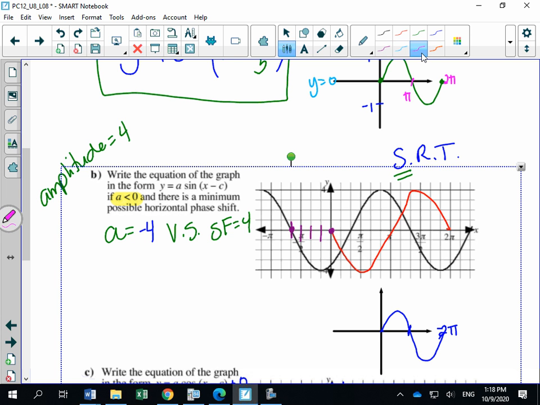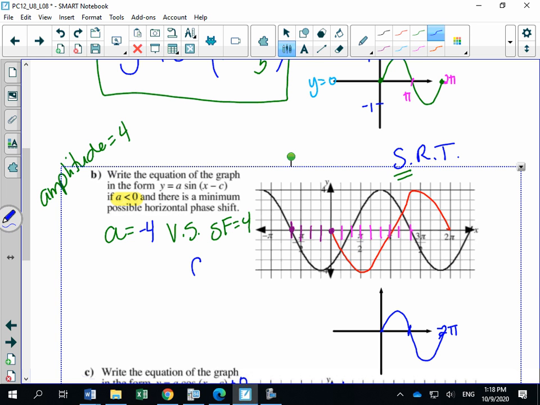Versus the other way, it would be 1 pi over 6, 2 pi over 6, 3 pi over 6, 4, 5, 6 pi over 6, 7 pi over 6, 8 pi over 6 to get over here. So I wouldn't go that direction. We want to go the minimum phase shift, which would be to the left here. So 1, 2, 3, 4 pi over 6.